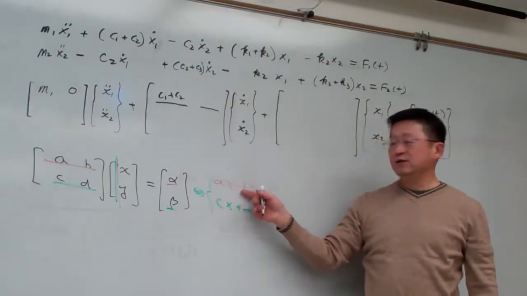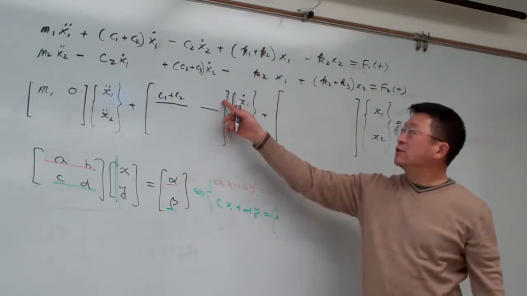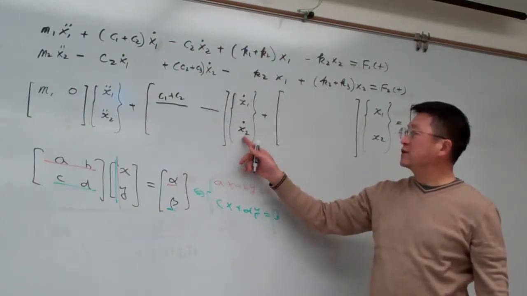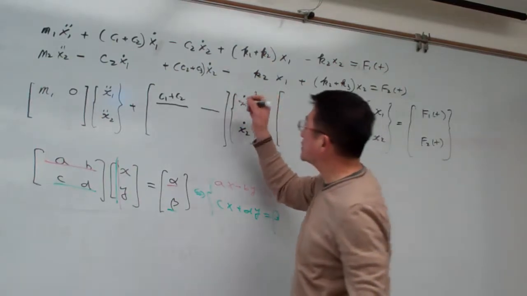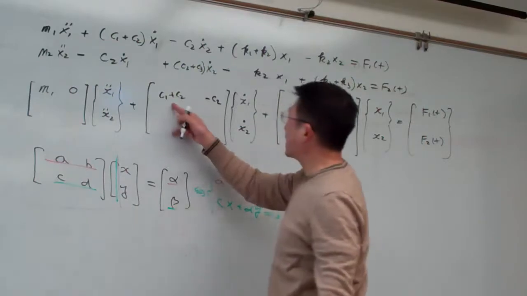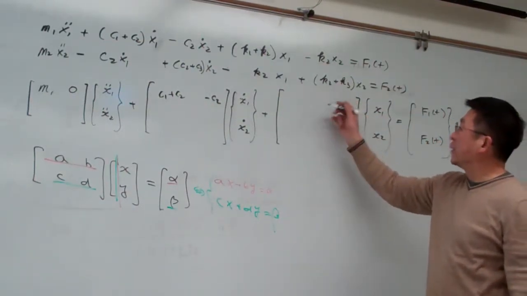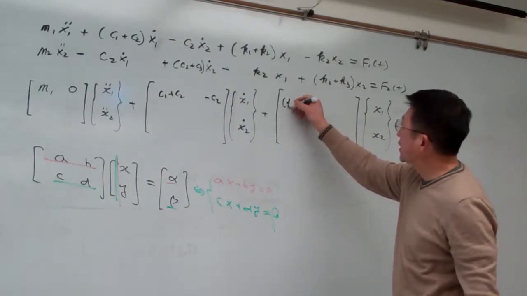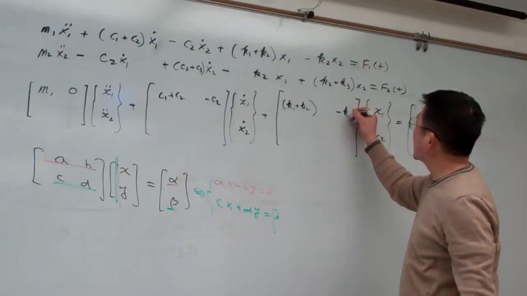If you compare, you can see that right away. Now for the second one, this one multiplied with C2, and correspondingly that is minus C2 here. So that is element 1, element 2. Now for x1, x2 in a similar fashion, that is k1 plus k2, and this is minus k2.